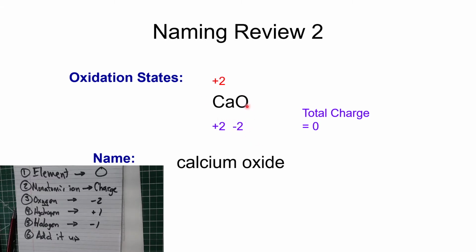We're going to take this and divide by the 1 oxygen atom, and that will give us an oxidation state of negative 2 there. Okay, so our oxidation state for calcium is positive 2, and for oxygen is negative 2.